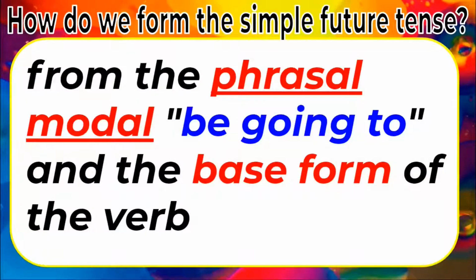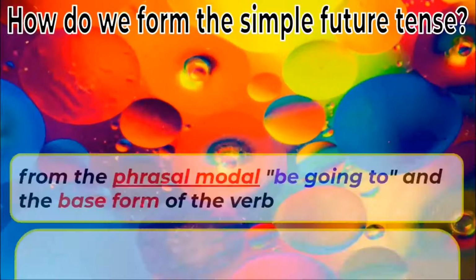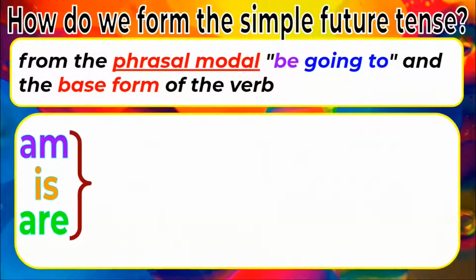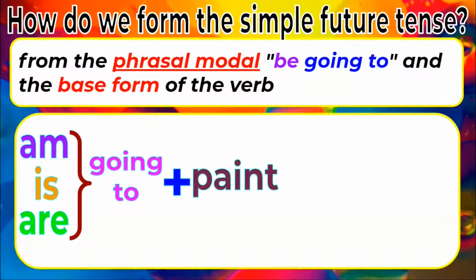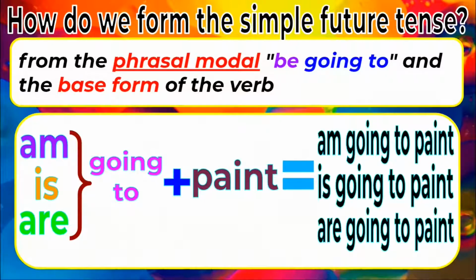Now, let's discuss the second way or formula to form the simple future tense. We have the verbs of be, am, is, are, plus going to, plus the base form of the verb, paint. Now we will have am going to paint, is going to paint, are going to paint.